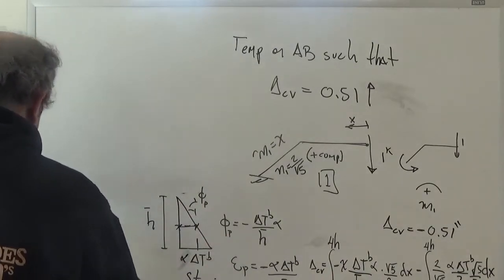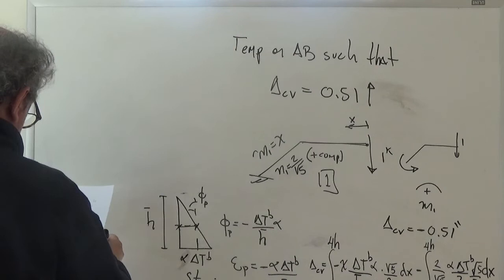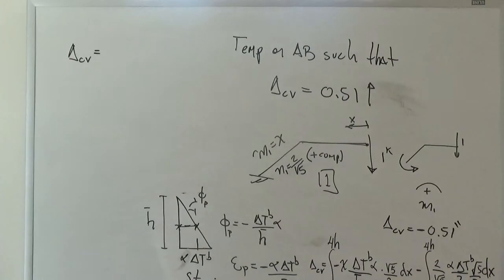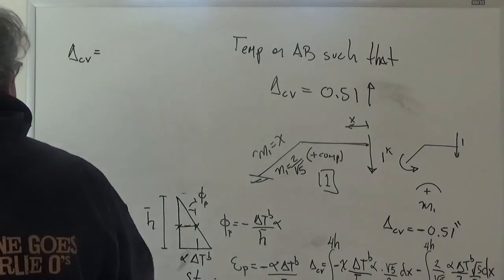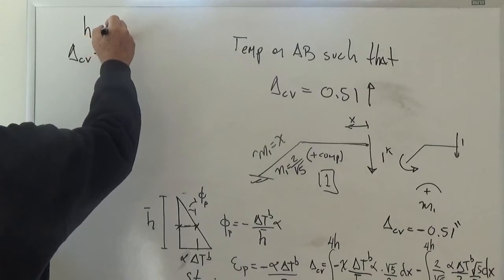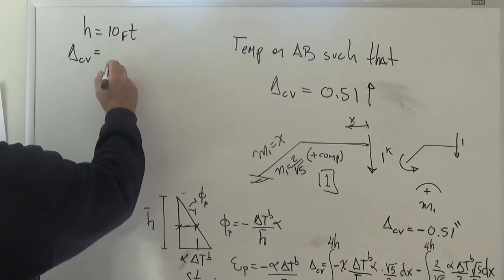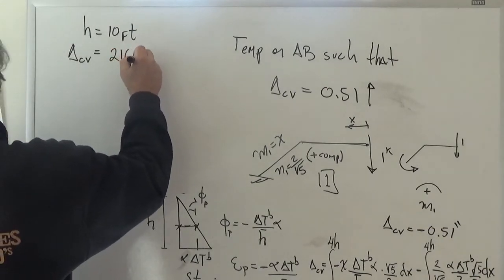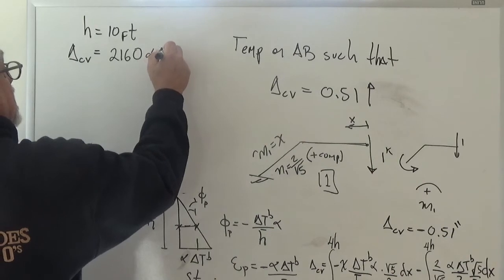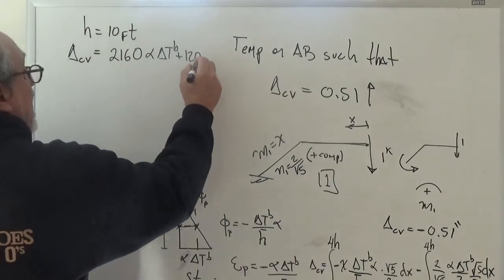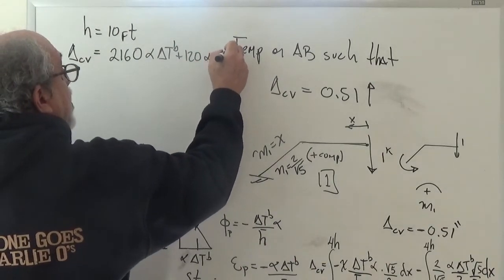When you plug it in, delta C vertical works out to be, after all the substitutions, taking h equal to 10 feet, as we did before, you get 2160 alpha delta t at the bottom plus 120 alpha delta t at the bottom.